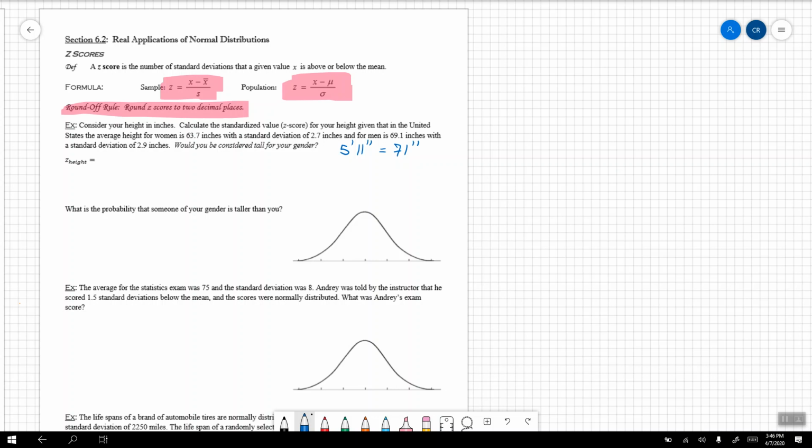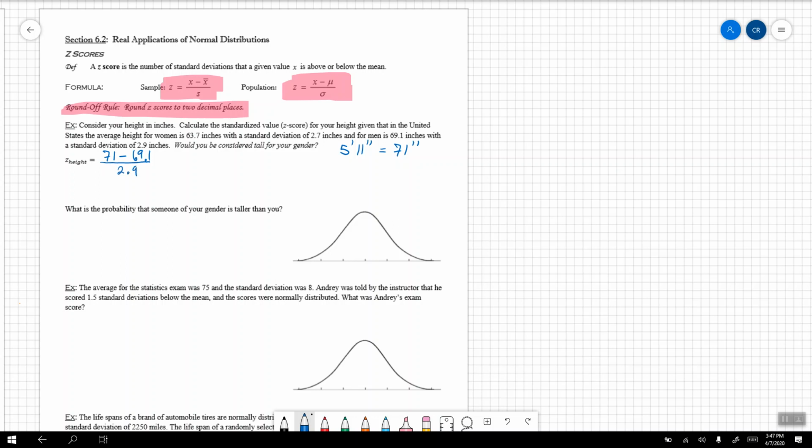Awesome. So what I'm going to do is convert my height in inches into a standardized score. I'm going to go with that 71 here, minus the mean for all men's heights in the United States. The average of those men's heights was 69.1, divided by the standard deviation for all men's heights, which is 2.9.